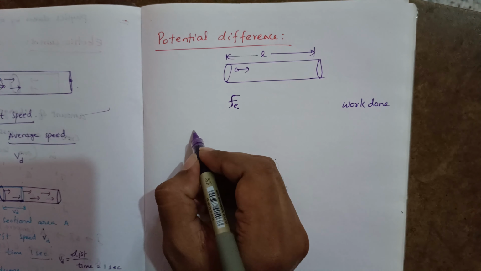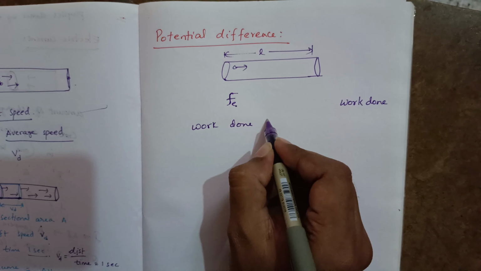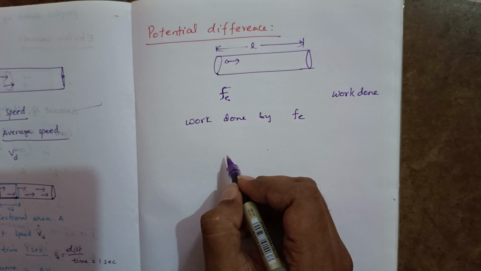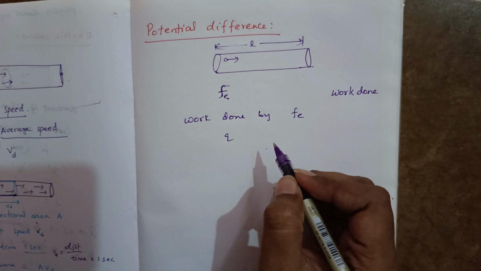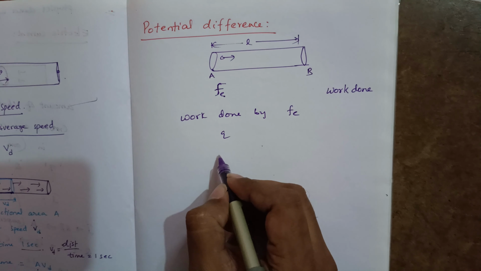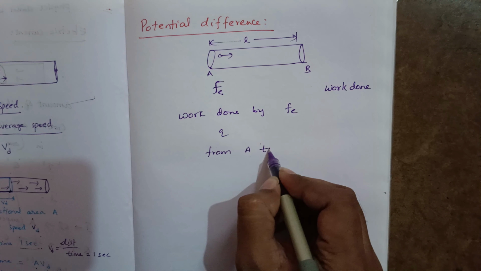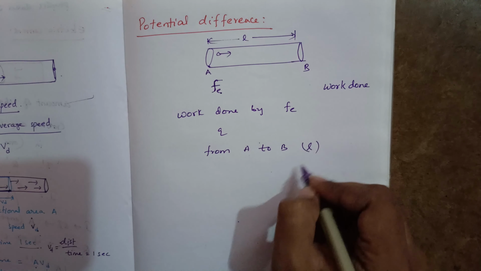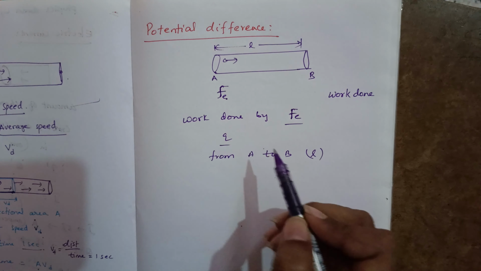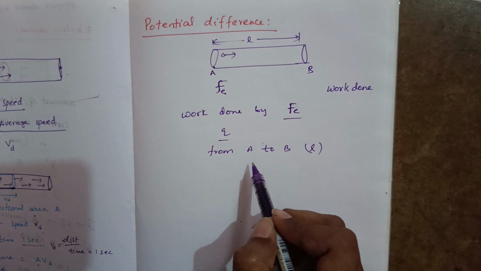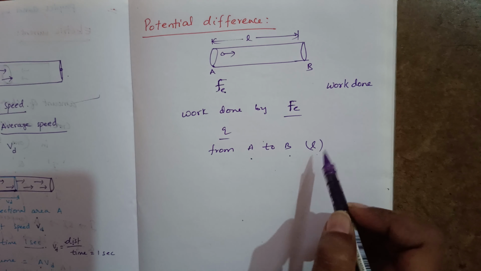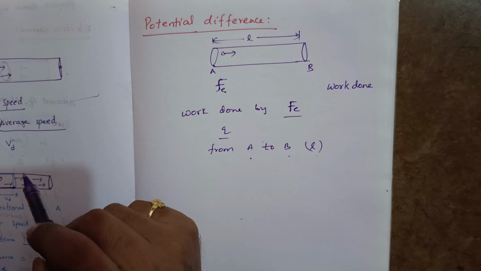We can define it like this: the work done by the electric force on a unit positive charge to move from A to B through the distance L is known as potential difference.